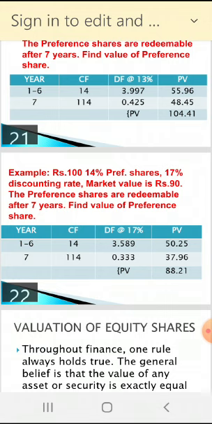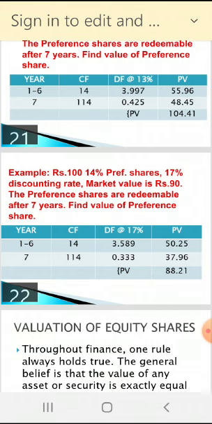In the 7th year, we will get 100 back plus 14 rupees dividend. It is yearly, brother, not half yearly. Yearly 14 rupees we are getting. So 114, and the present value factor of the 7th year at 17% is 0.333. Multiply with 114, you will get 37.96.